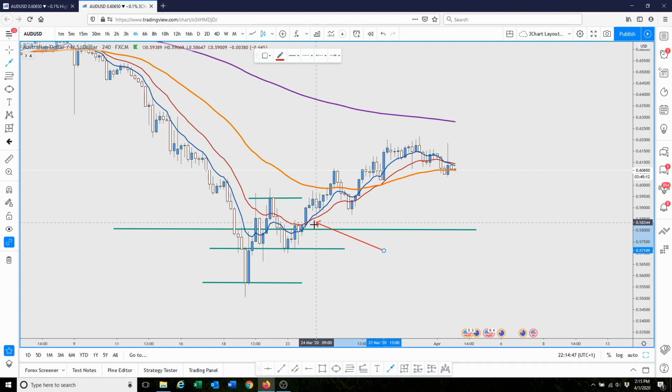You need to study this point, because this crossover on the 4 hour is happening. We were expecting a lower low, but it didn't happen. We got a crossover. This is a bullish engulfing on the daily.